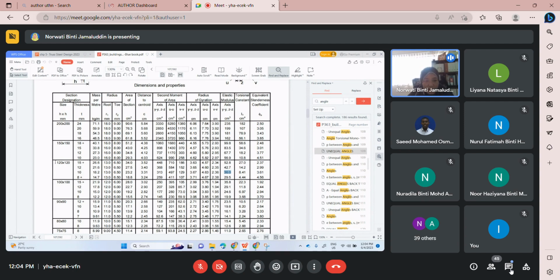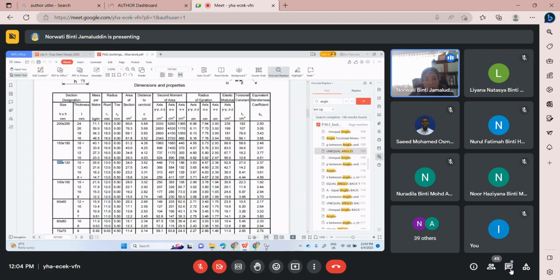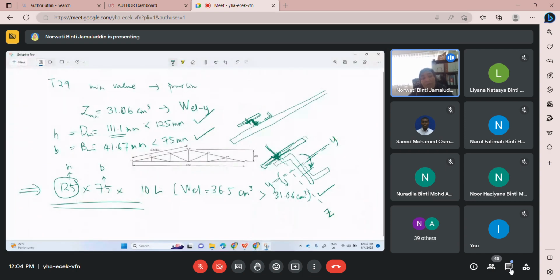So for H, 120, the minimum is 111, pass. For B, you only need 41, but you provide 120. Still okay.